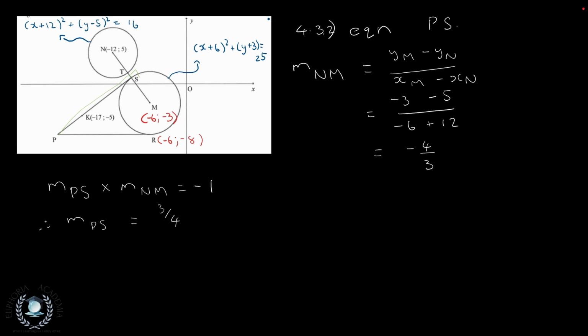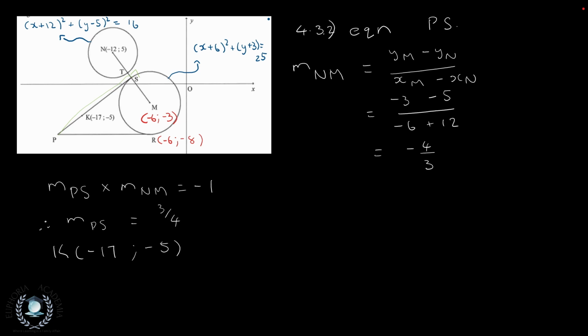We have the gradient and we have a point, so we're going to use the gradient-point method. The point that we have is K. K is on the line PS, and that is minus 17 and minus 5.